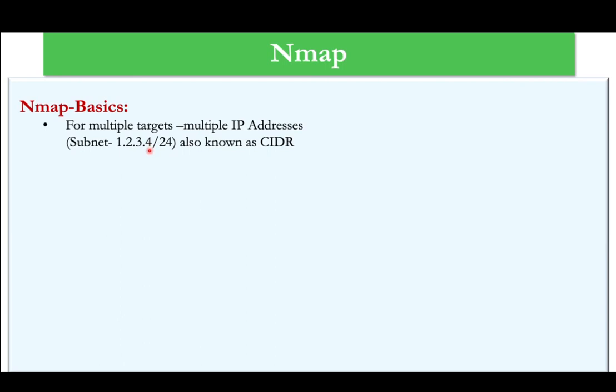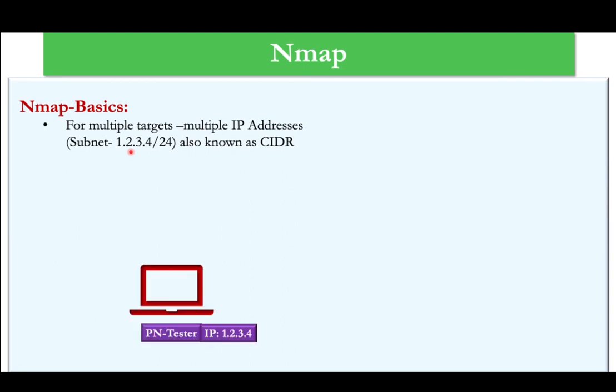The last byte, as we know, is used to identify any host. That means if we give this subnet as 1.2.3.4/24, then on this particular 1.2.3 network, whatever number of hosts are there, all those hosts will be scanned.